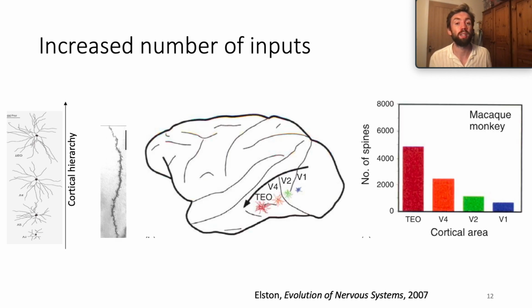As we go up the visual hierarchy, again from V1 to higher visual areas in the temporal lobe, such as TEO, we see a huge increase in the number of spines. And in fact, as you go from the bottom of the hierarchy to the very top, even into prefrontal cortex and another nearby area called the anterior cingulate, you can see about a 10 times increase in the number of spines, or the number of synapses, along the cortical hierarchy.